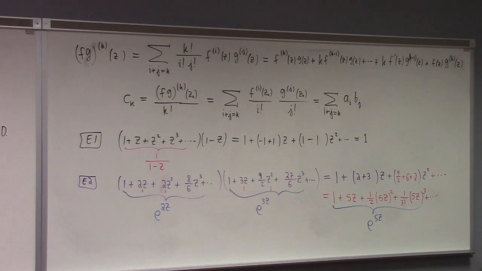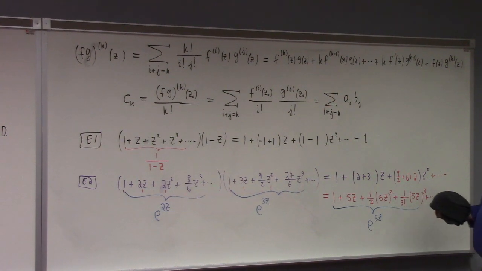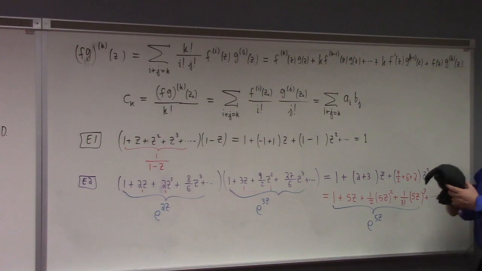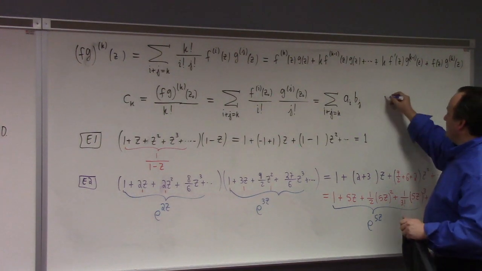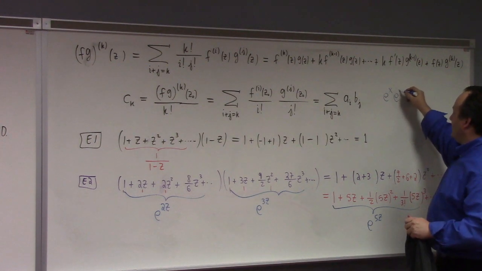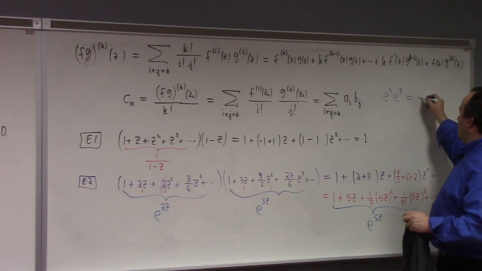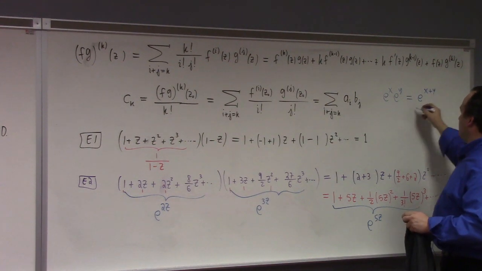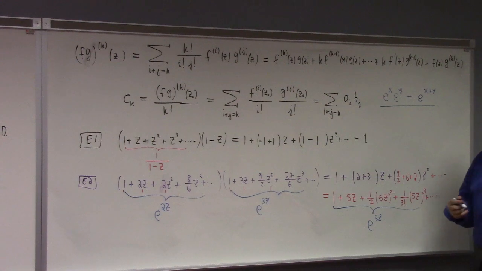Eh? Did I do something wrong? I didn't know that e to the z could be derived like that. In fact, yes, we can prove through series arguments that e to the x times e to the y, where x and y are complex numbers, is actually e to the x plus y. That's actually not a bad homework problem. Since you asked for it, I will put it on the next one.